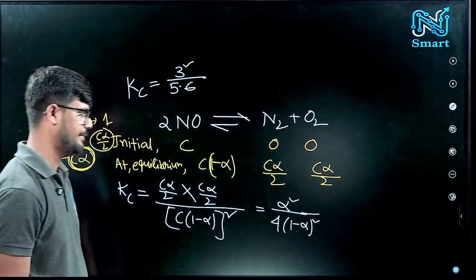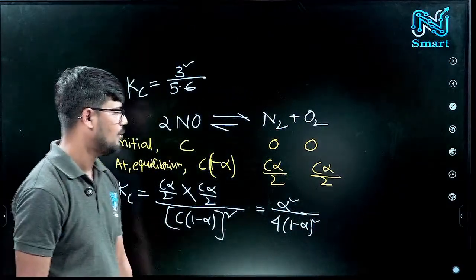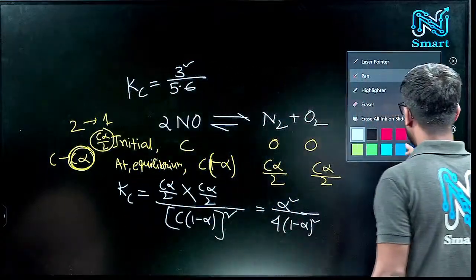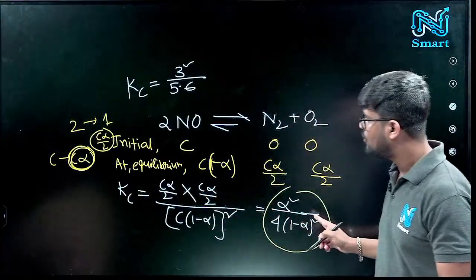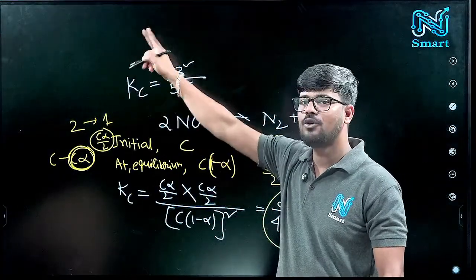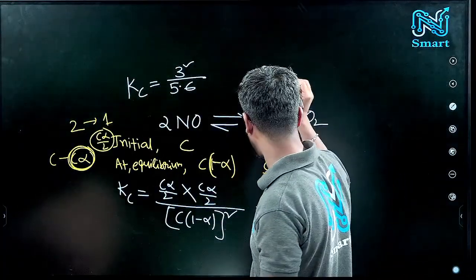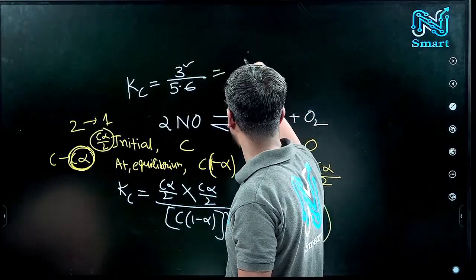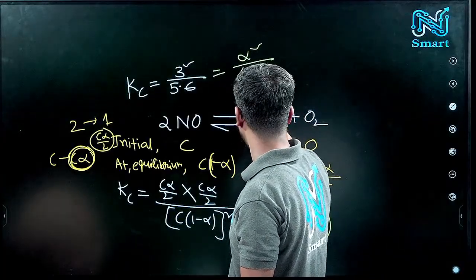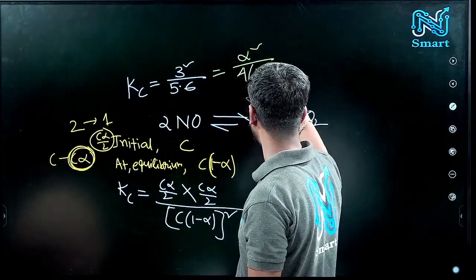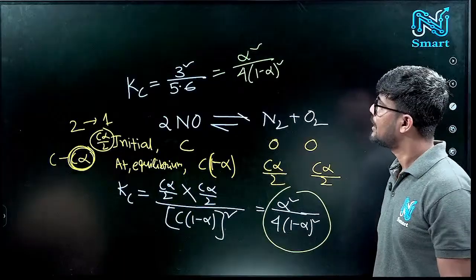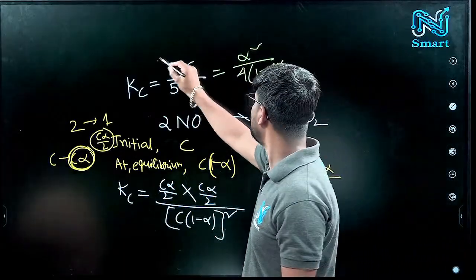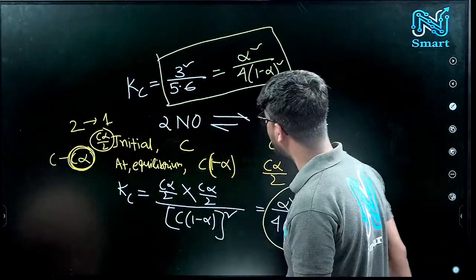Now this Kc value must be equal to the Kc value we got before, right? Alpha square by 4 into 1 minus alpha square. We are equalizing these two things. Now from this equation, can we find out alpha? Yes, we can find out.